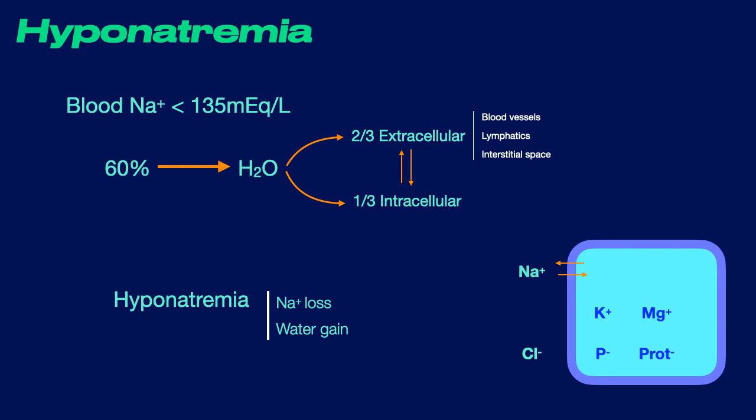The extracellular fluid includes the fluid in the blood vessels, lymphatic vessels, and also the space between the cells that is called interstitial space, which is also filled with proteins and carbohydrates.